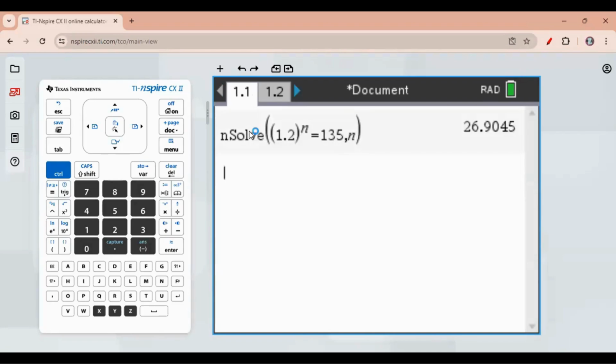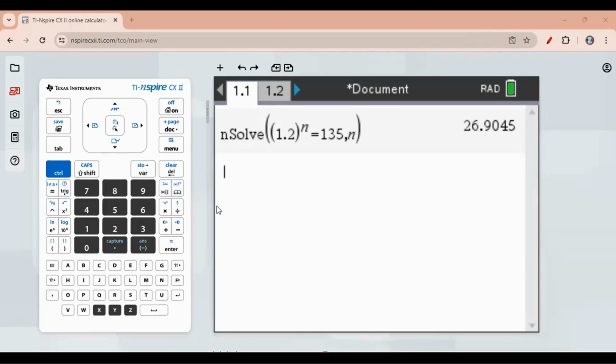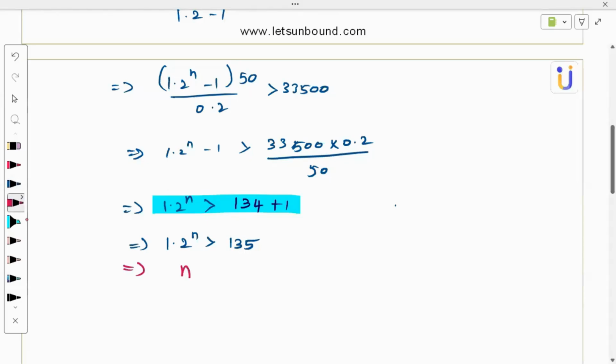And it's 135 equal. Okay. So n equals 26.905, because I solved an equation. Now there I'm going to apply n is greater than, whatever the inequality sign I have. So n greater than 26.905, you just copy it. n greater than 26.9 something.